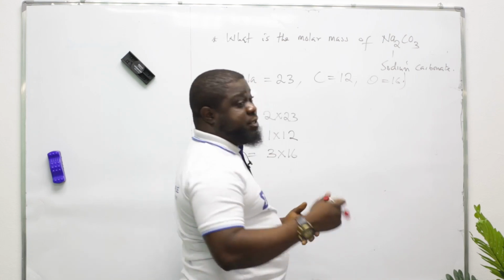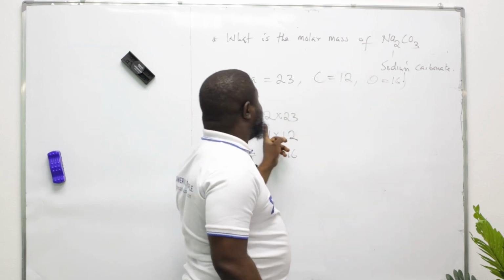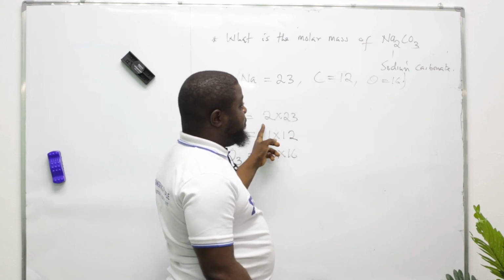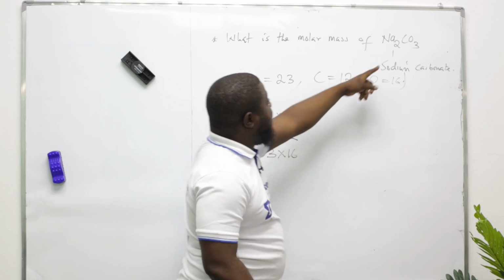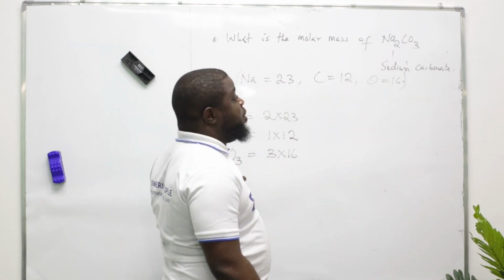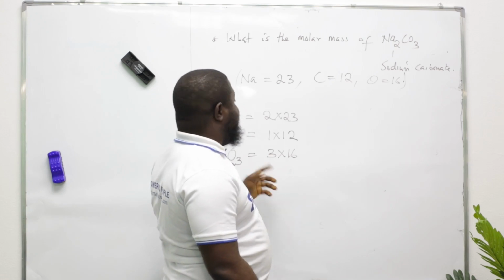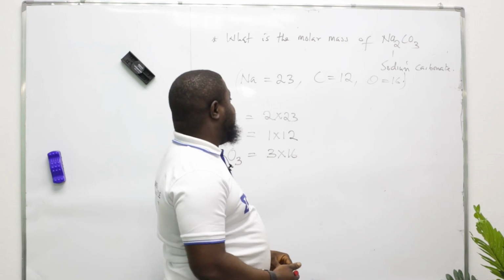Why do we use 2? Because sodium has 2 atoms. Why do we use 1? Because carbon is 1. Why do we use 3 for oxygen times the mass number? It's because oxygen there is 3.